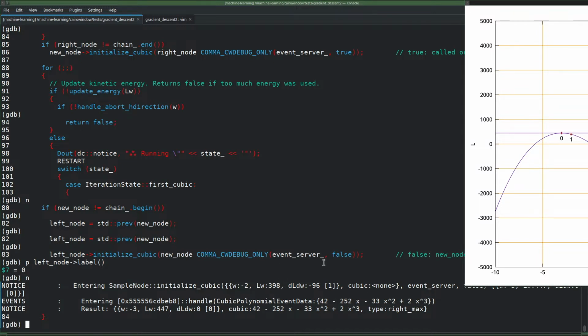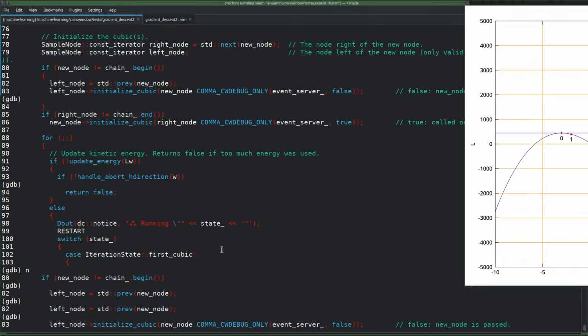All integers. Then we get if right node is unequal chain end, but it was equal. There is nothing on the right side here. So we don't have to initialize the second cubic on the right side of 1.